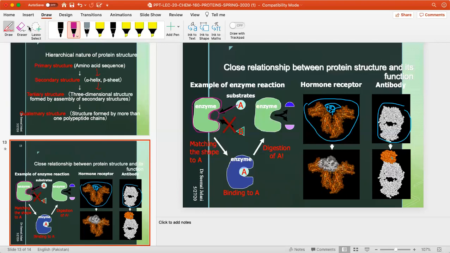But if you go for the B structure, this structure will not fit. When the shape of A matches the enzyme like this, then the enzyme works and converts this into simpler fragments so that they can be digested.